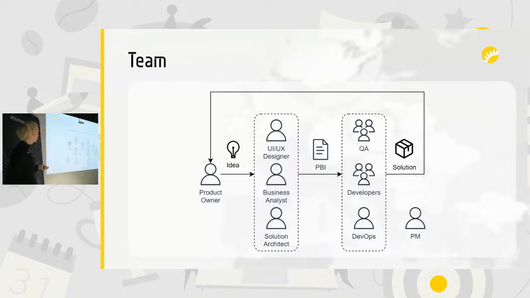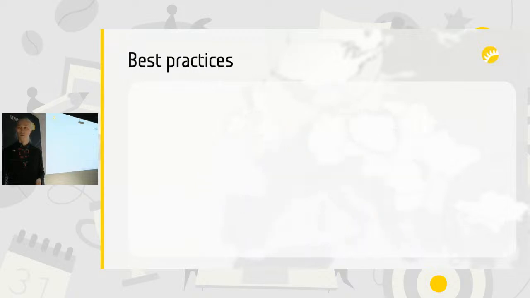Then we have UI, UX designer, solution architect, all these people just doing some things to create this box in the end, and have this person saying, I'm good with that or not. Everyone here has their own approach, established and written and perfected through many stages, and lots of things were discovered.